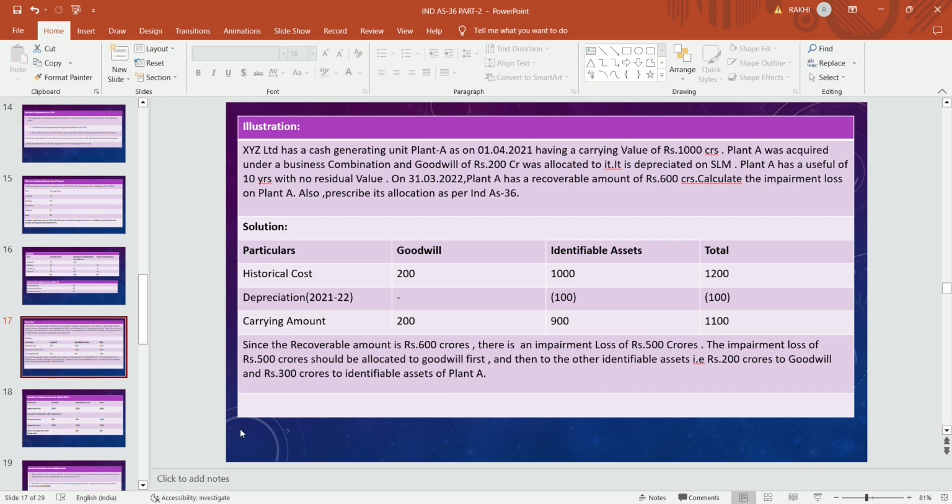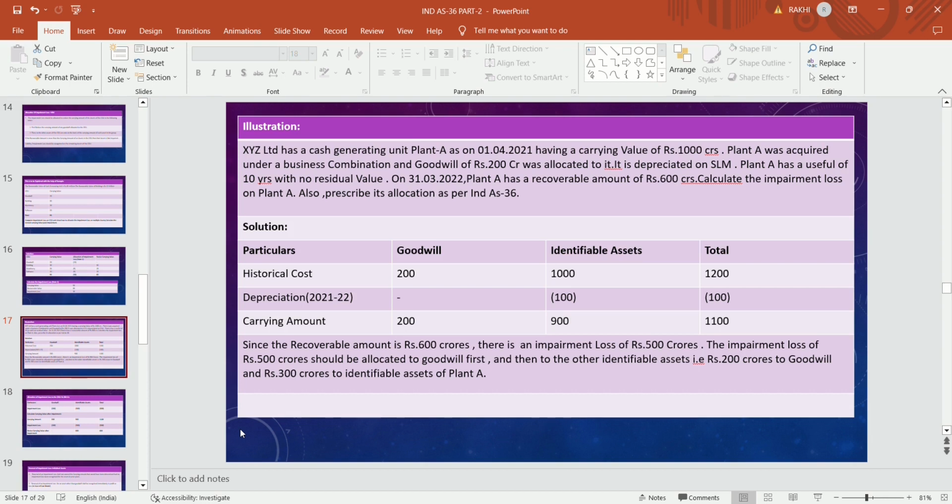As on 31st March 2022, after 1 year, plant A has a recoverable amount of 600 crores. Calculate the impairment loss on plant A and also prescribe its allocation as per Ind AS 36. So how will we solve this?